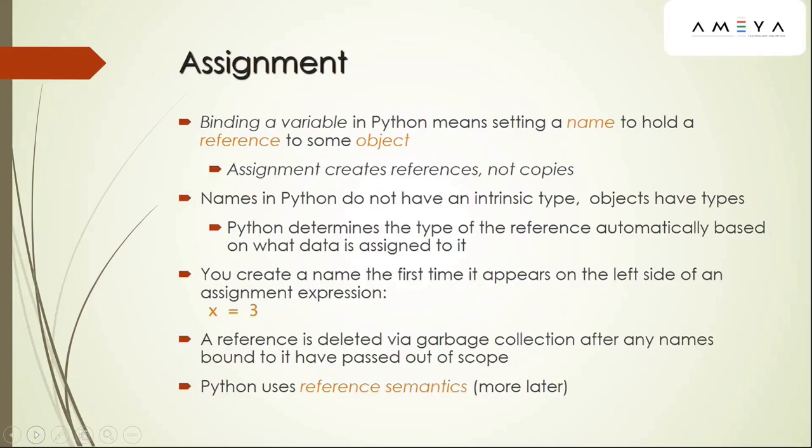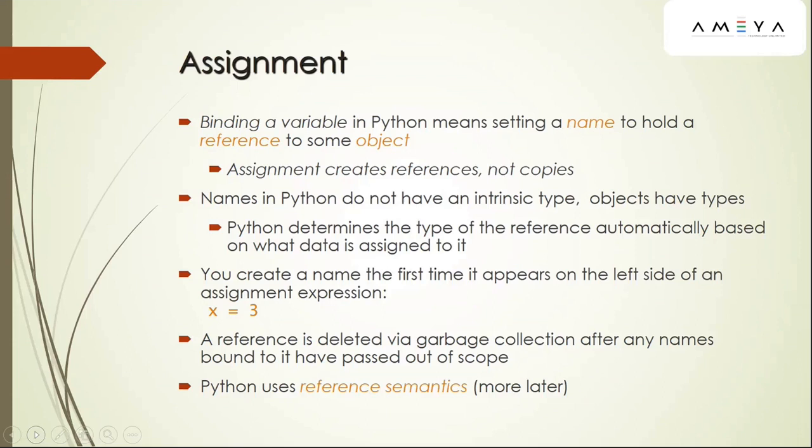Okay, so next we move on to assignment. Binding a variable in Python means setting a name to hold a reference to some object. Assignment creates references, not copies. So assignment is nothing but you can assign a value to a variable. Names in Python do not have an intrinsic type, objects have types. Python determines the type of the reference automatically based on what data is assigned.